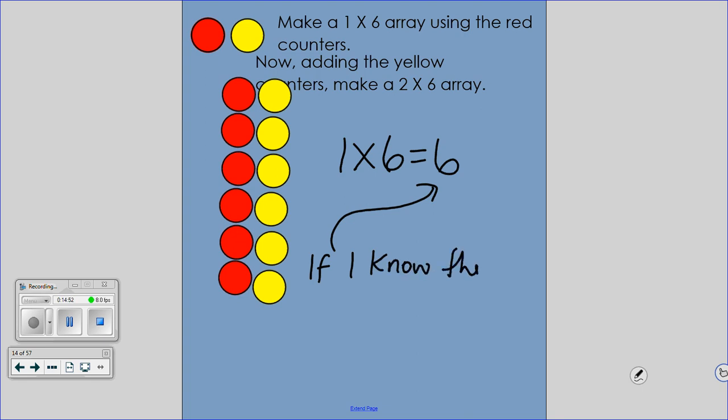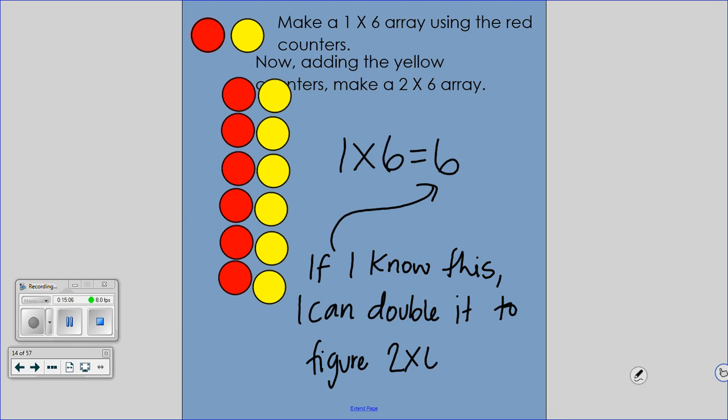If I know this, double it to figure out 2 times 6. If I know 1 times 6 is 6, I can use that to double it and say 2 times 6 is what? Piper? 12.